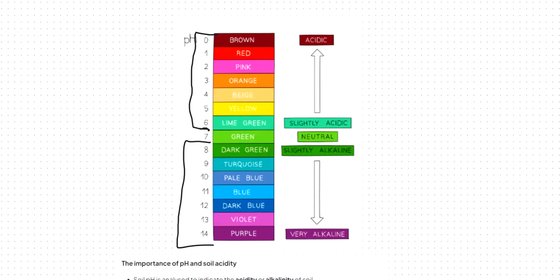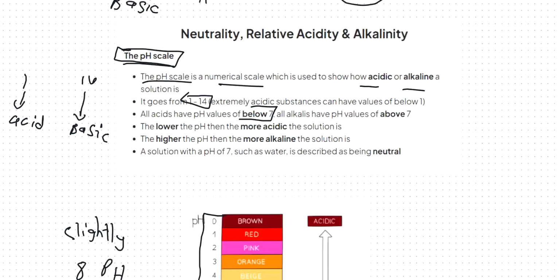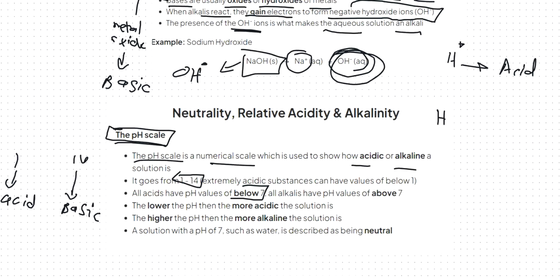So if something had a pH of 8, you could drink that water and nothing would happen, because it is slightly alkali. Similarly, if you drank slightly acidic water, that would not cause anything, because it has a very low concentration of H plus ions.